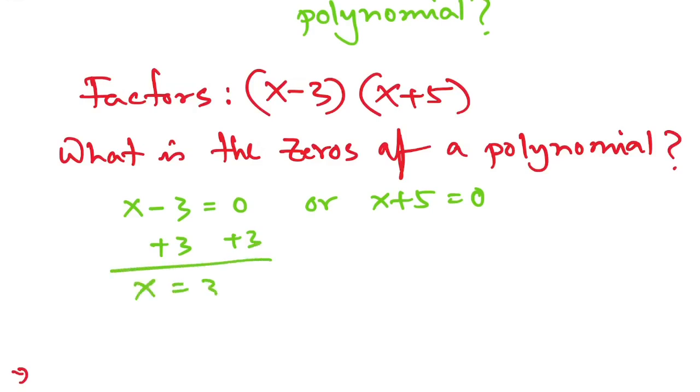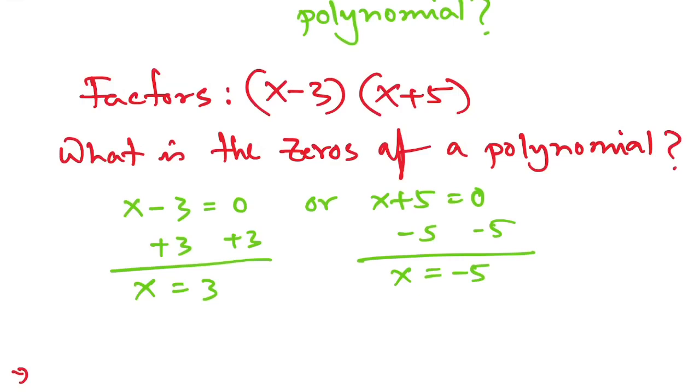I'm going to add 3 to both sides, so x is going to be equal to 3. Subtract 5, x is going to be equal to -5. So the zeros of the polynomial will be +3 and -5.